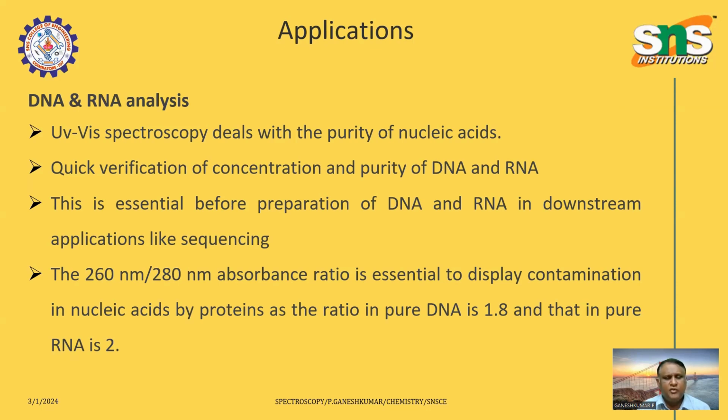This is essential before preparing DNA or RNA for sequencing. At 260 nanometers and 280 nanometers, the absorption ratio is essential to show contamination of nucleic acid by proteins. In pure DNA this is 1.8, and in pure RNA it is 2. But if the ratio deviates, we can understand there is an impurity present in the RNA or DNA.